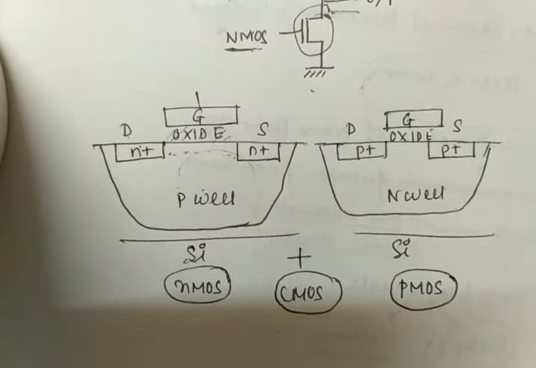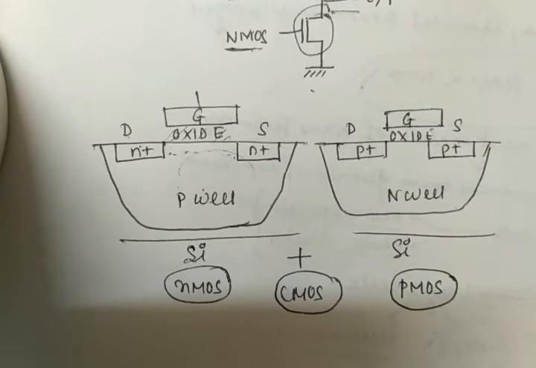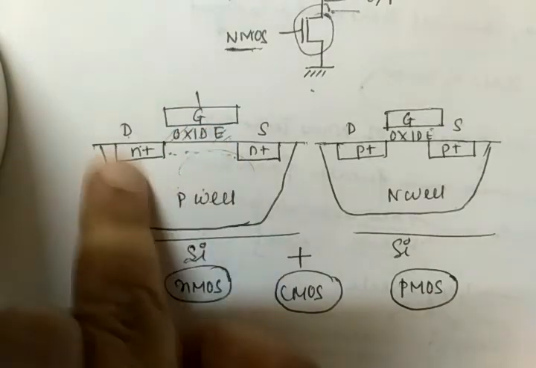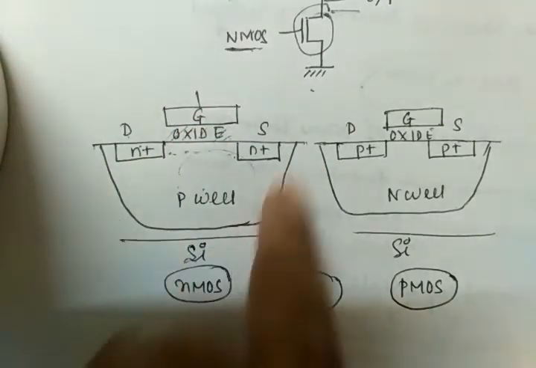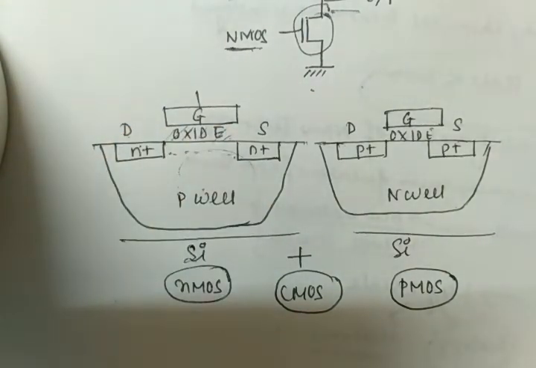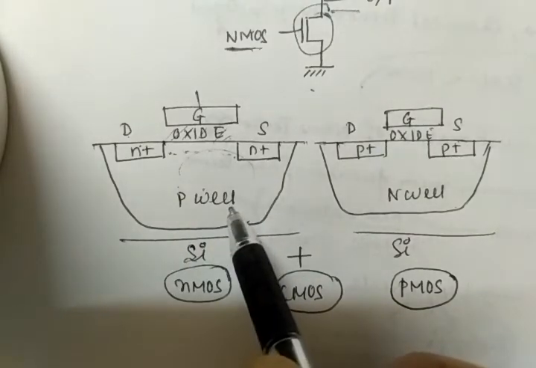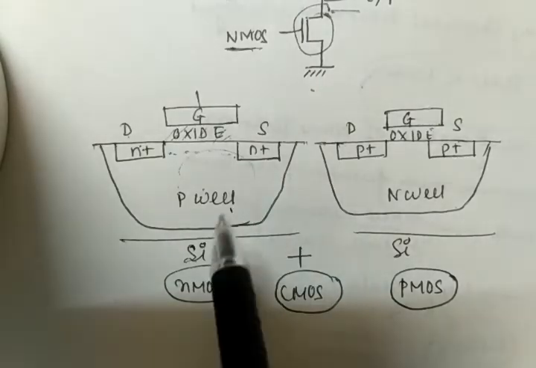When you study fabrication, how an integrated circuit is formed layer by layer, there we can see how this oxide layer is formed, how the P well is formed, how the metallic contact is formed, everything step by step, layer by layer. So which kind of substrate will we use? This is obviously a P type substrate, so it is known as your P well.